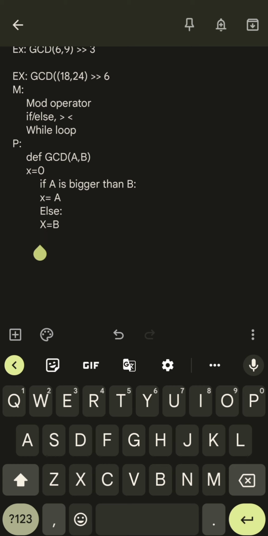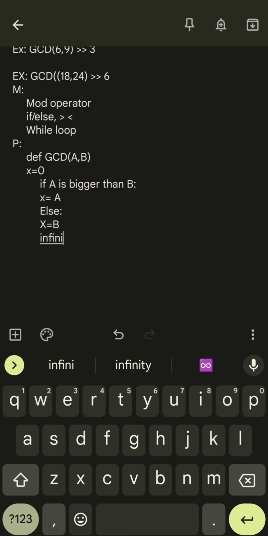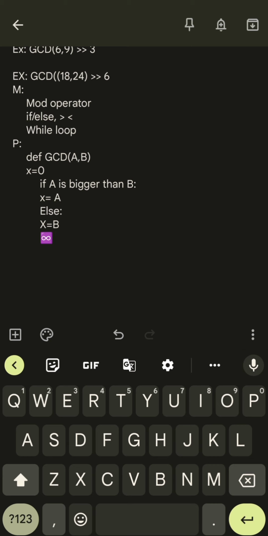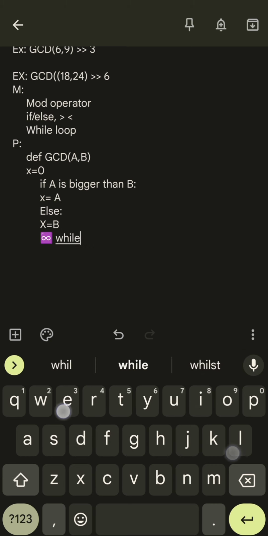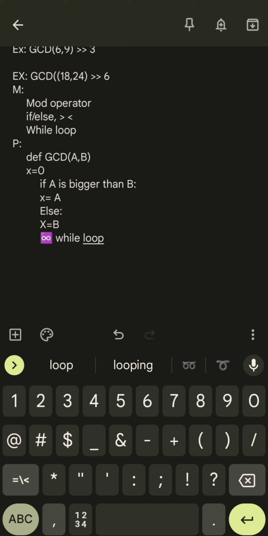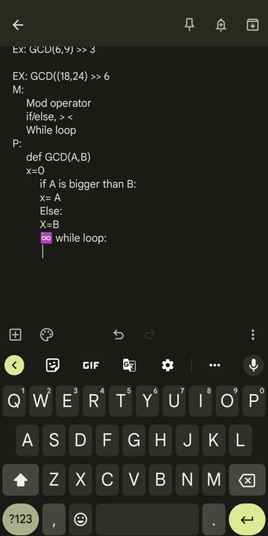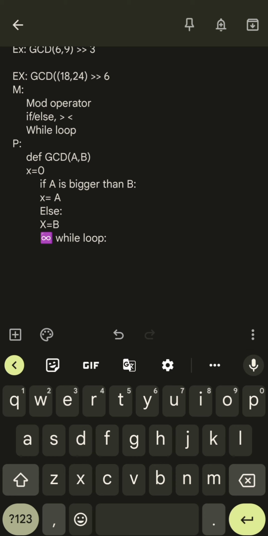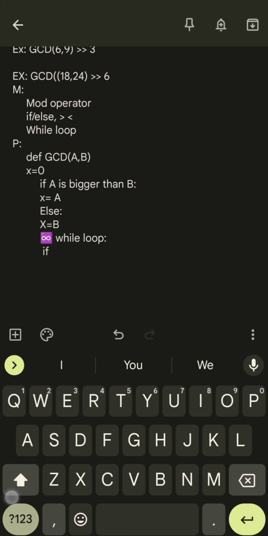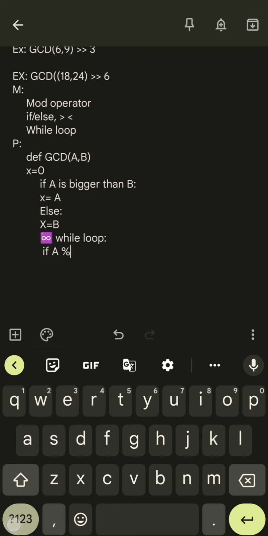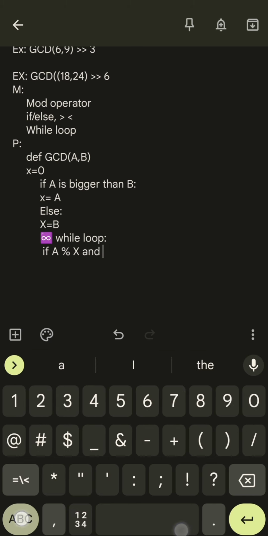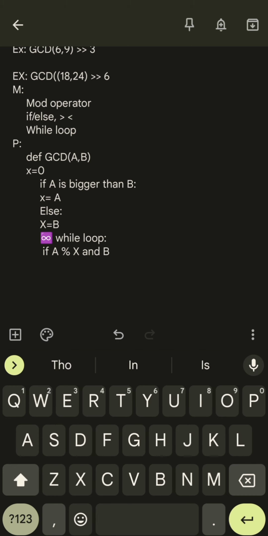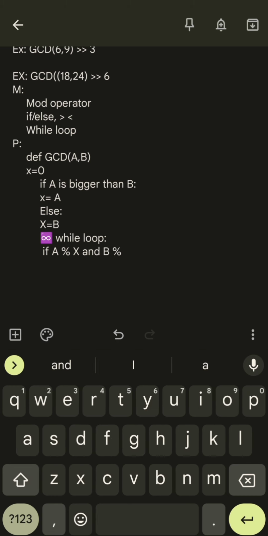All right, we'll just use this infinite while loop. So while we have this infinite while loop, we're pretty much checking the whole time: if a is divisible by x and b is divisible by x evenly, then we're going to go ahead and just return.